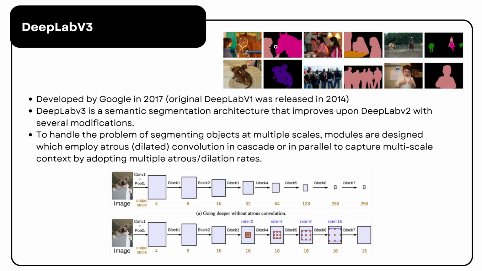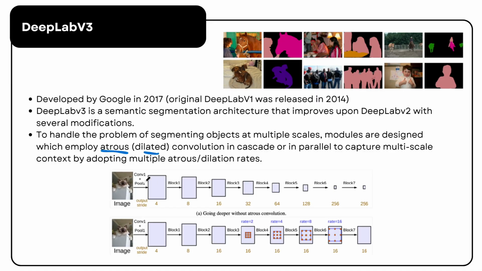So the key innovation here is something called atrous convolution, also known as dilated convolution. Instead of using the standard convolution filter, atrous convolution spreads out the filter weights with holes or gaps in between.